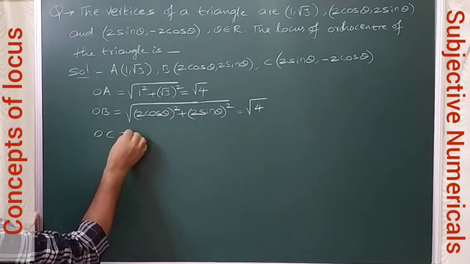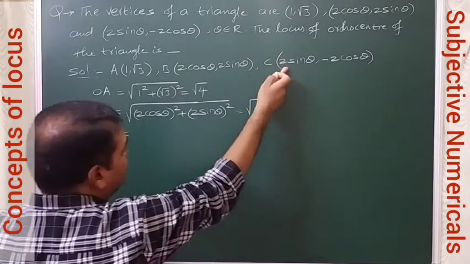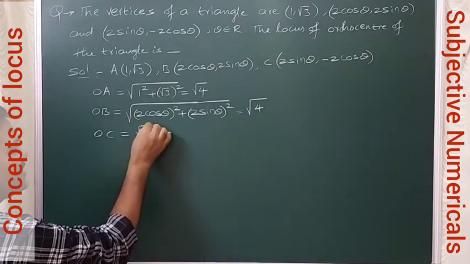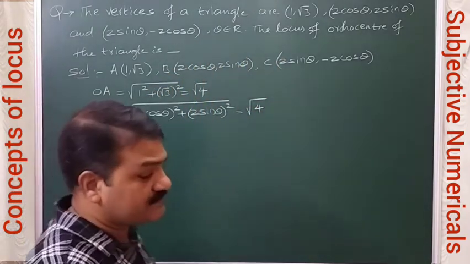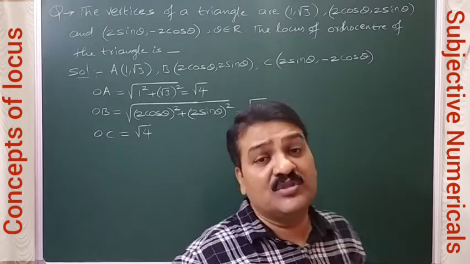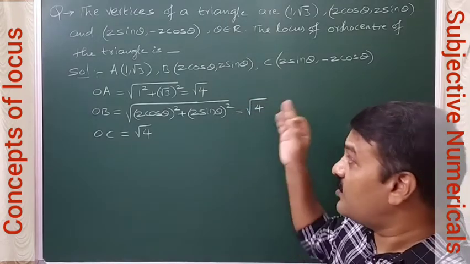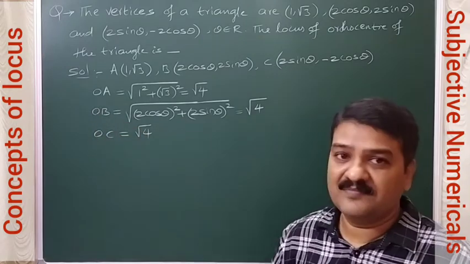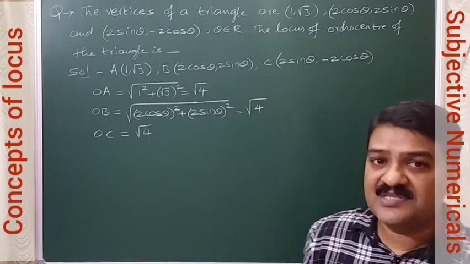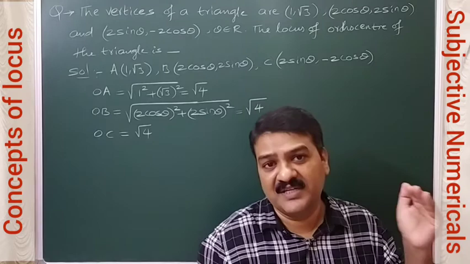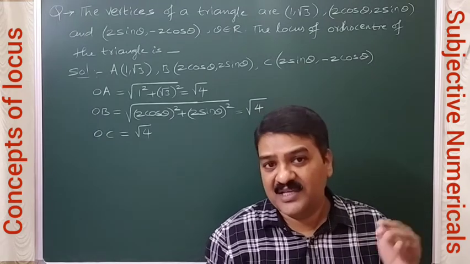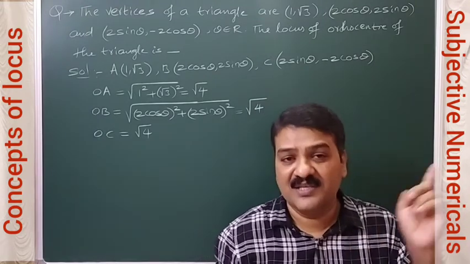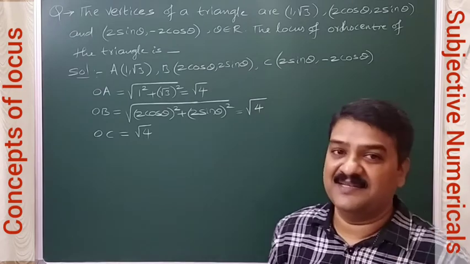Similarly, we get the distance of vertex C from origin is also root 4. So the distance of all the vertices from origin is the same. What is the point which is equidistant from the vertices? The point equidistant from vertices is called the circumcenter.